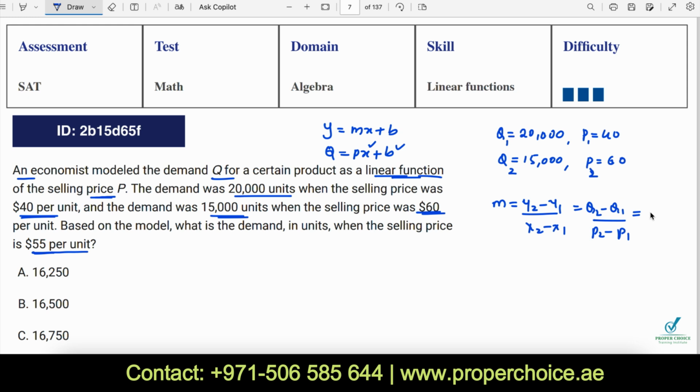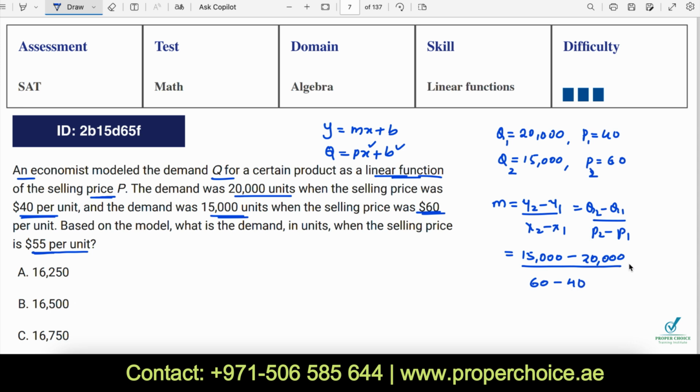Q2 value is going to be 15,000. I think we need more space, so let me write it down. Here I need it as 15,000 minus 20,000 divided by 60 minus 40.